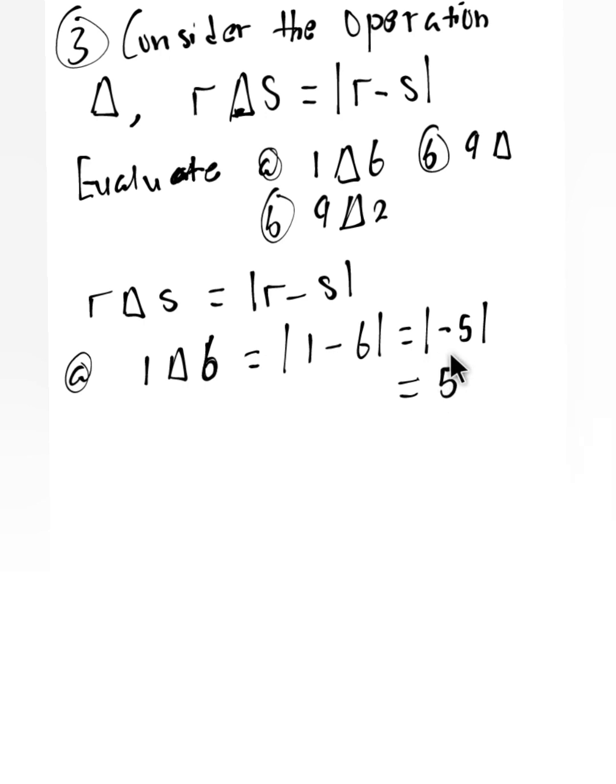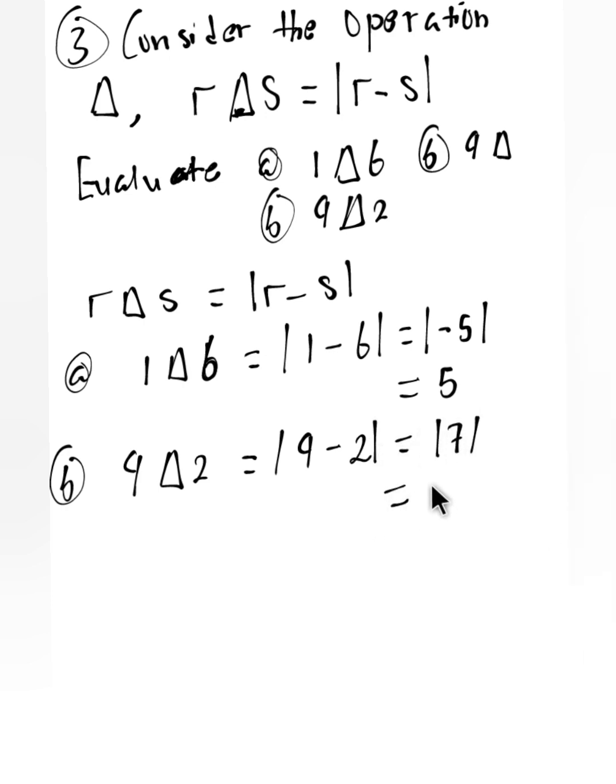The absolute value has to do with the positive part of the number. So whether it's minus or plus, just take out the positive part of it. Then for B, 9 operation 2 will give us the absolute value of 9 minus 2, and this will be the absolute value of 7. Absolute value of 7 is 7. And that is the answer.